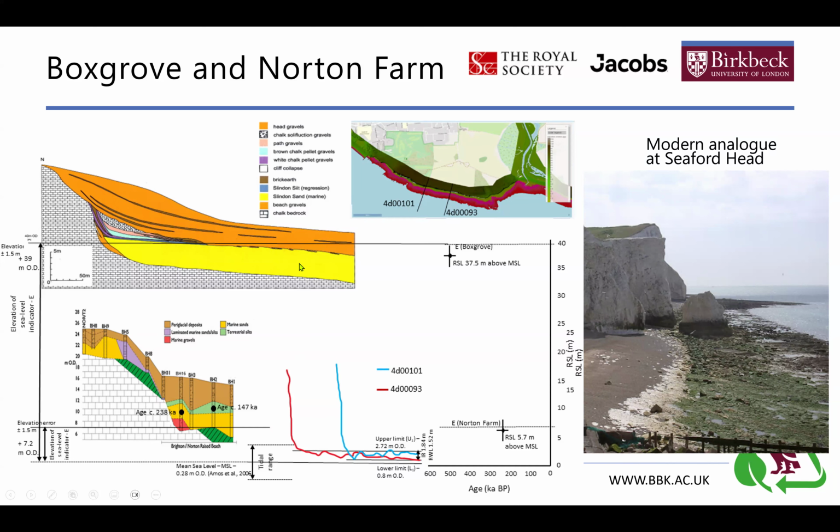This is the Boxgrove sequence, and this is the Norton Farm sequence. You can see that trying to work out where the inner edge of the marine terrace is in both of those is quite difficult because it's quite sloped. So we came up with an approximation based on what looked plausible and then gave it an error margin. That was how we corrected those ones.